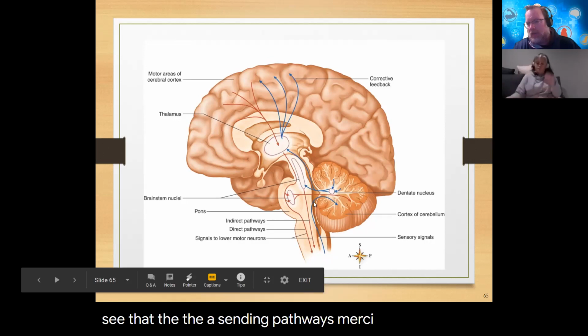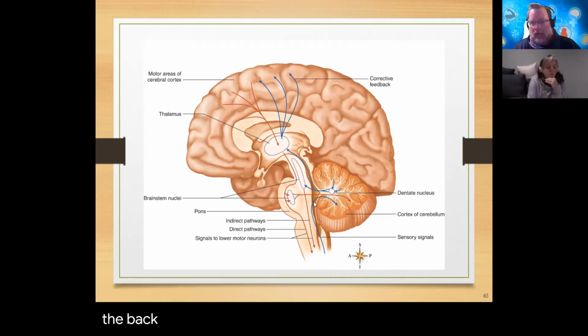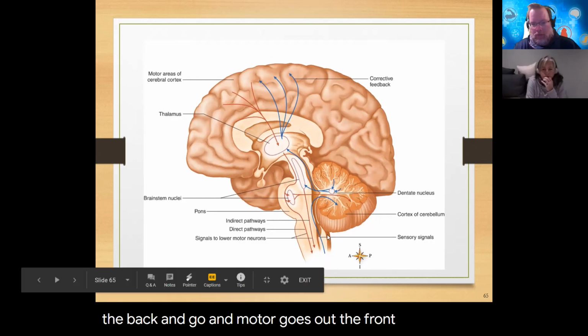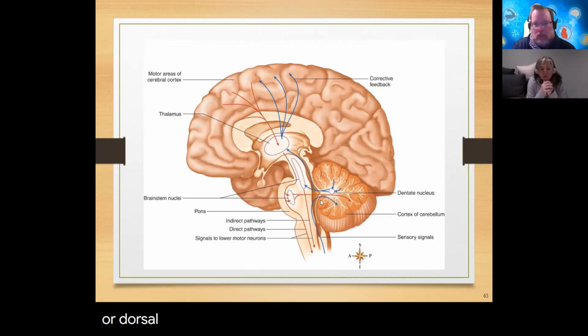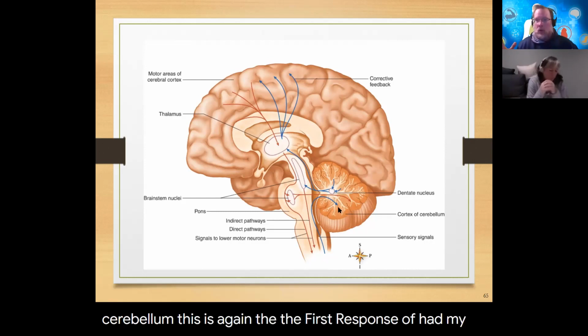And remember, sensory comes in the back and motor goes out the front. So we see again, usually sensory tracts are going to be more posterior or dorsal. Well, they make a pit stop right away at the cerebellum. This is again the first response of am I in motor control?